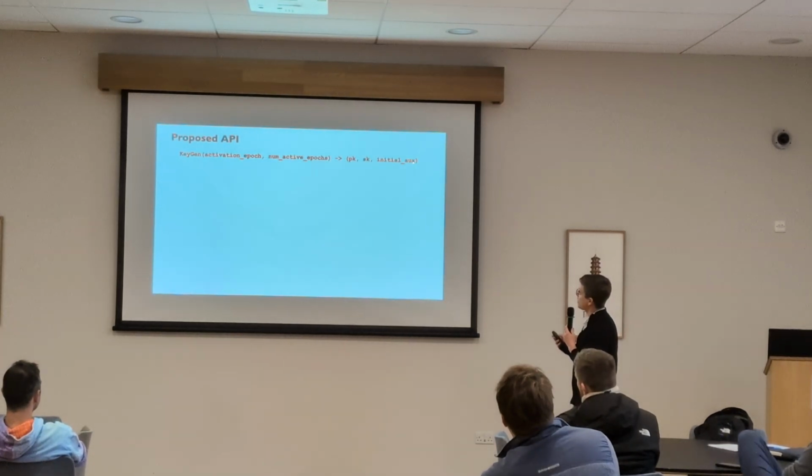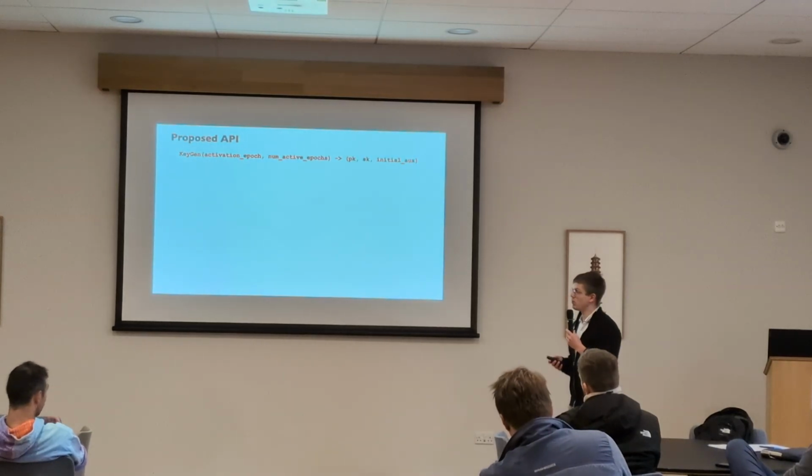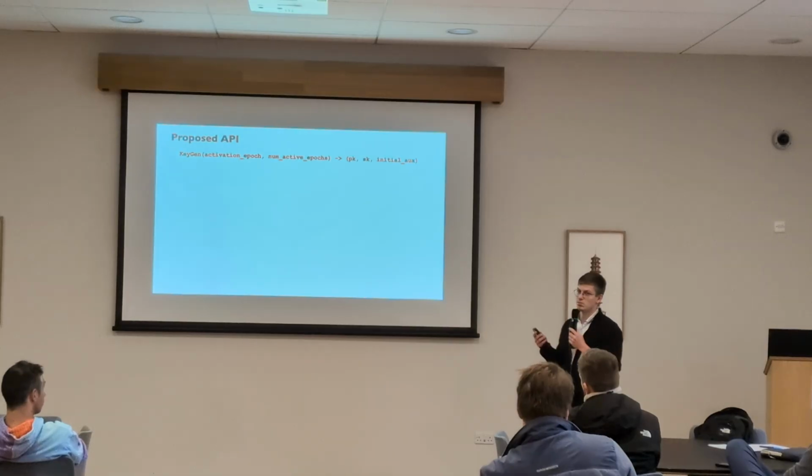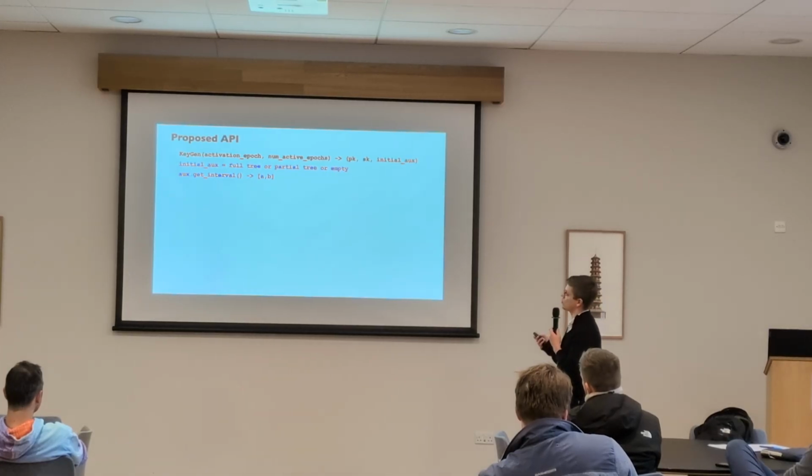KeyGen would take the same inputs, but now it would output three things: the public key, the secret key, and some auxiliary value that you have initially. Think of this as being the full tree, or the partial tree, or empty. We could even have a parameter that says, do you want to keep the full tree in this auxiliary value, or some partial tree, or should it be empty?